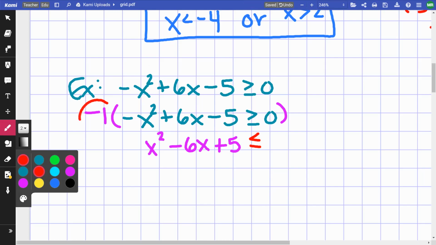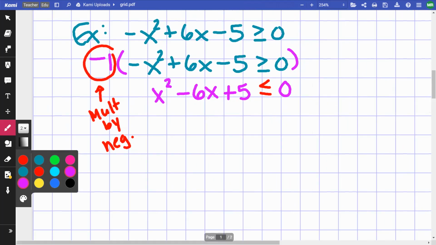Why? Because I multiplied or divided by a negative. That made me switch the direction of my inequality. Now, on the other side, when I times -1 with 0, I still get a 0. So I personally always change mine to open up parabolas. I personally always get rid of my negative in front.